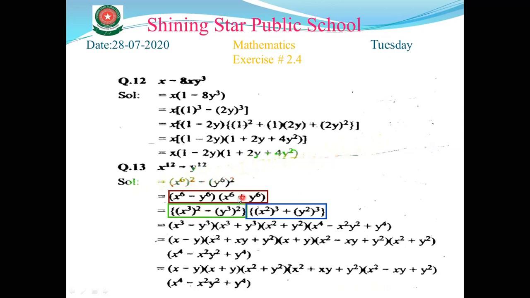Now in this bracket, between them we have plus, and we don't have any formula for a square plus b square. So it will again come x power 6 plus y power 6. So that is the reason.